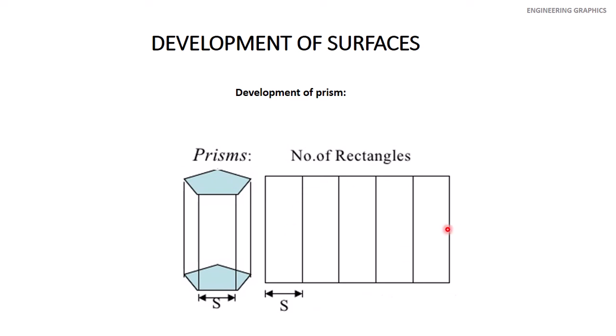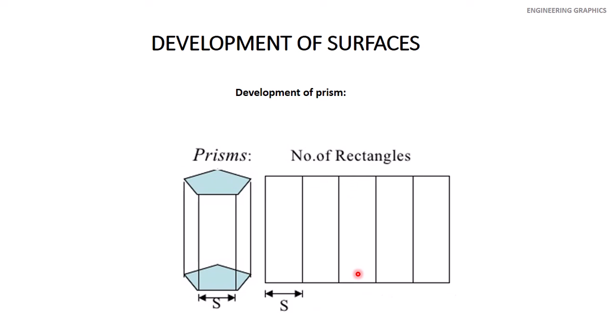It is similar to the development of a cylinder, but the difference is that in the cylinder we have not drawn any vertical line in between, but here in case of prism we have drawn the vertical lines, because these represent the edges of the prism.